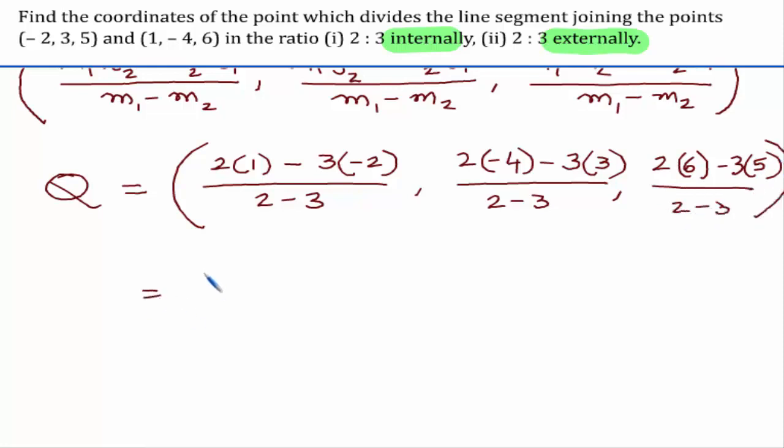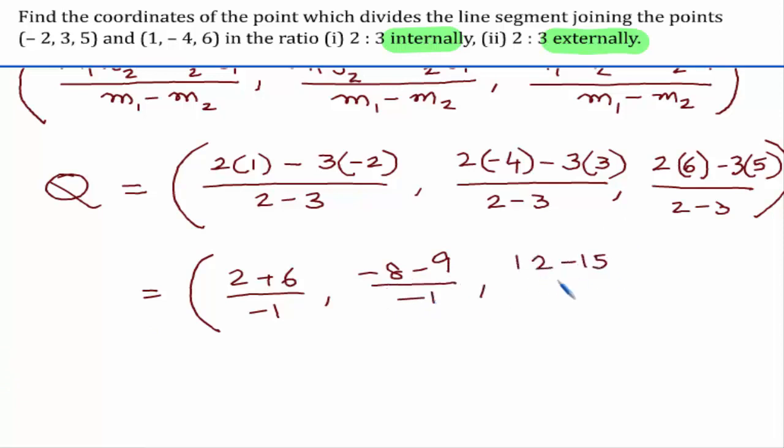On simplifying, we get 2 plus 6 by -1, this is -8 minus 9 by -1, and this is 12 minus 15 by -1. Now 8 by minus 1 will be minus 8. This is minus 17 by minus 1 will be 17.